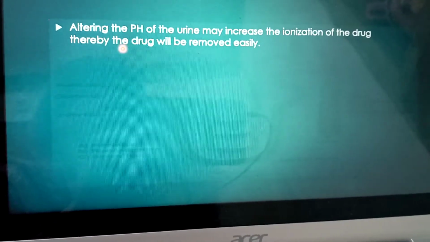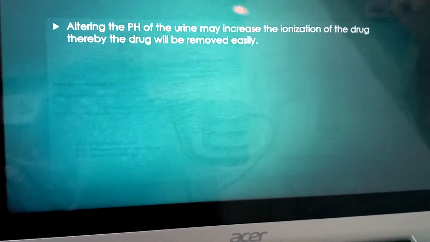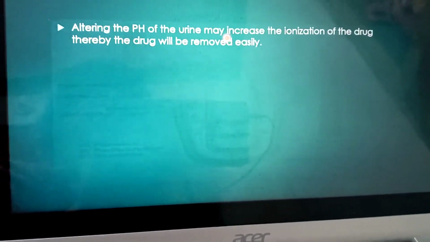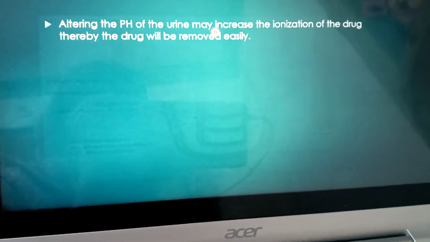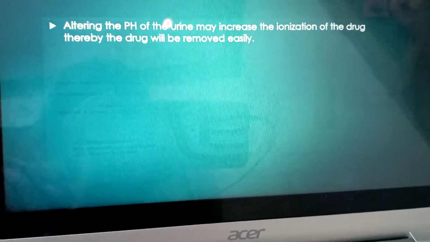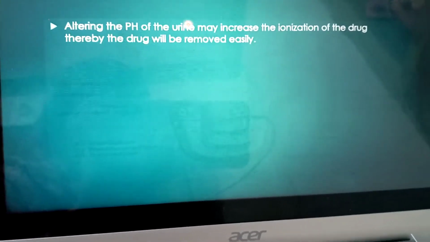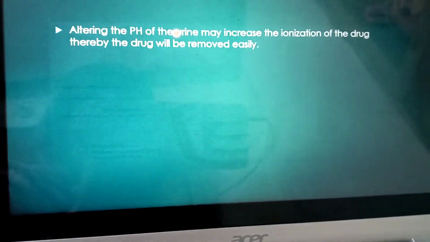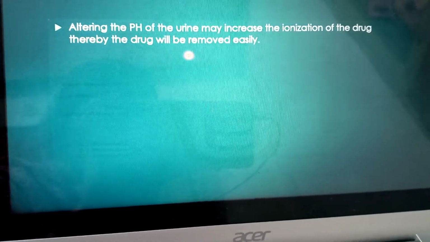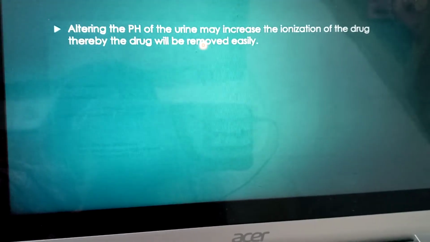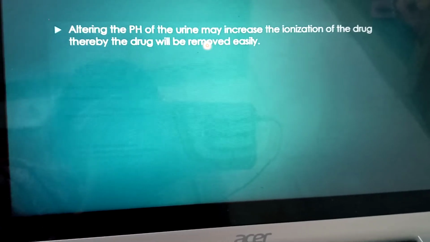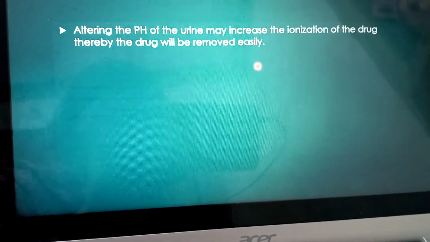If we want to eliminate a drug, and this drug is in basic form, we will acidify the urine so that the basic drug may get easily eliminated. And if the drug is acidic in nature, then we will basify the urine, or alkalinization of the urine may take place, so that the acidic drug may get easily removed.